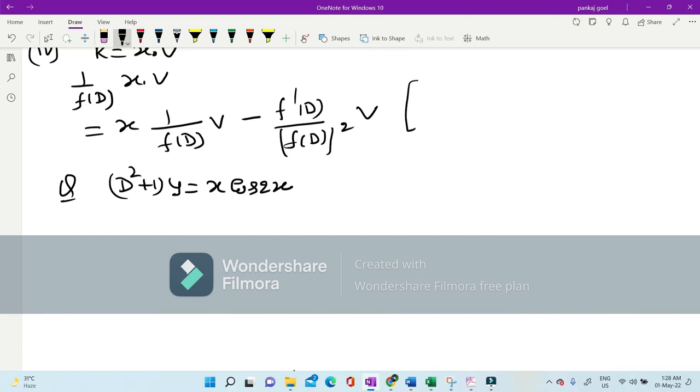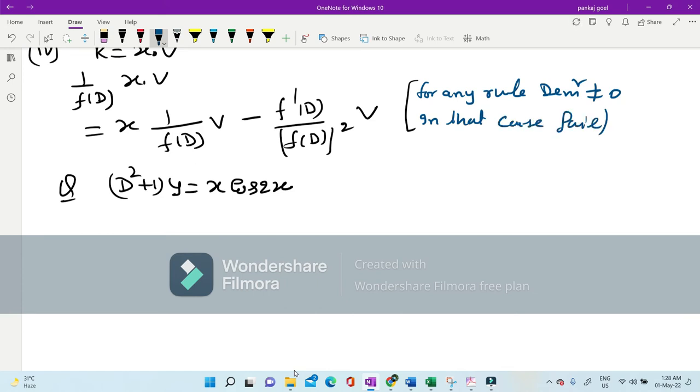So we can write the condition as for any rule, denominator should not be equal to 0. In that case, this method fails, so apply another proof method, right?